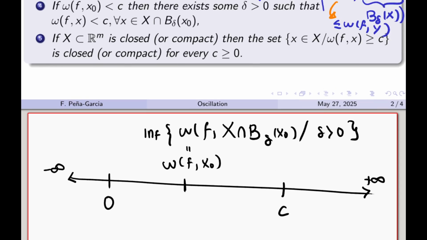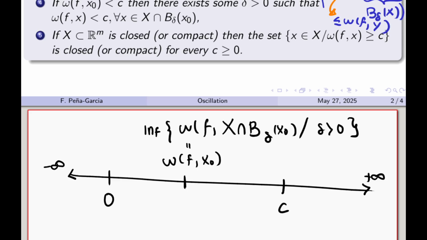But then, if we go a little bigger than this here, let's say if we move up some small epsilon, we will find here some oscillation.